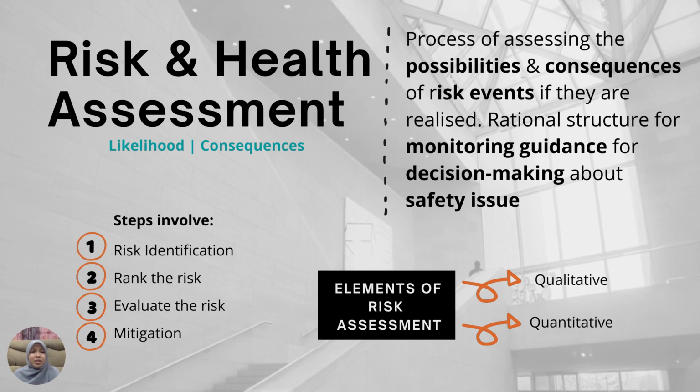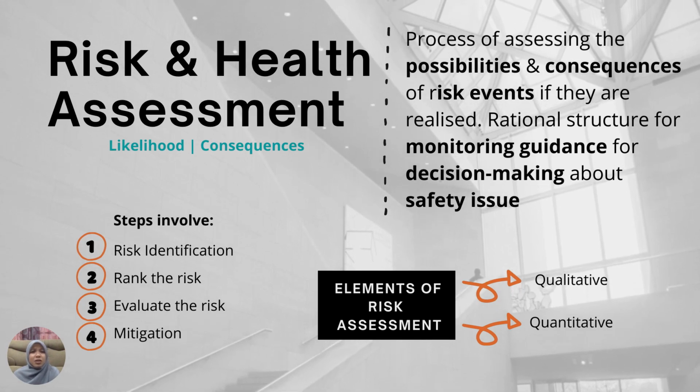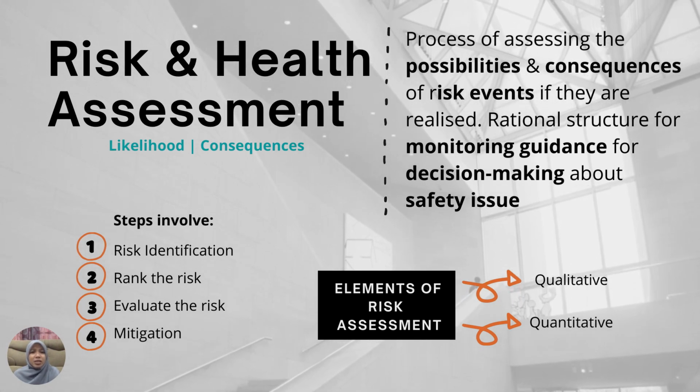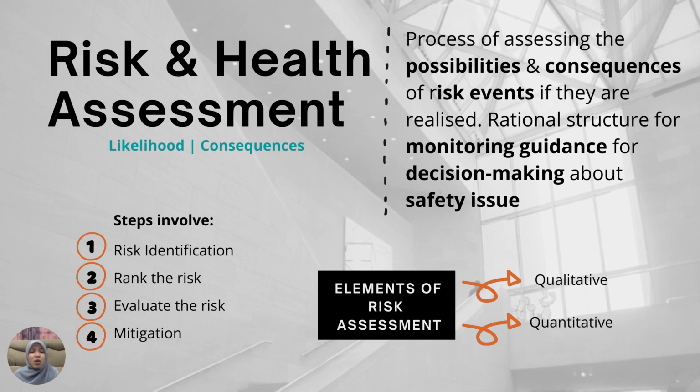Next one is the risk and health assessment. It is the process of assessing the possibilities and consequences of risk events if they are realized. It is a rational structure for monitoring and guidance for decision making about safety issues. The steps involved during risk and health assessment are risk identification, ranking the risk, evaluating the risk, and mitigation.